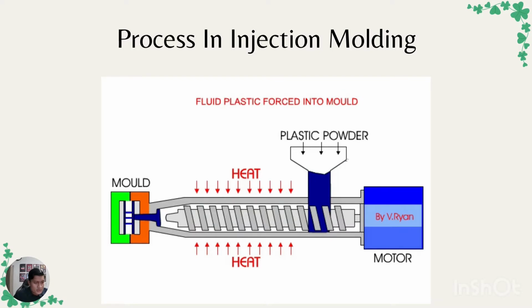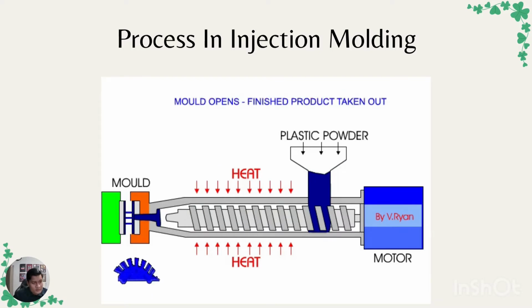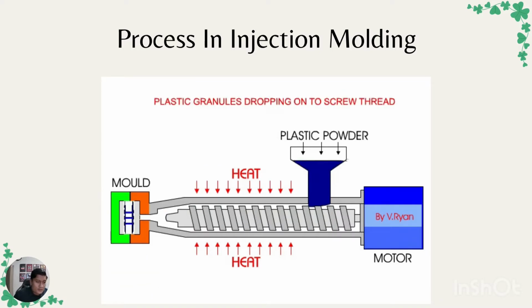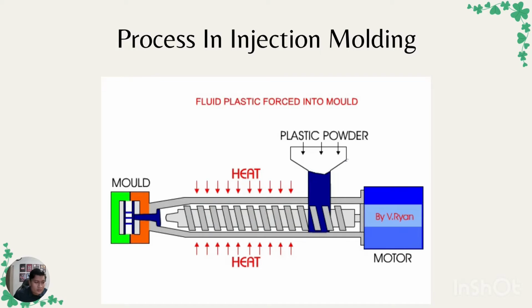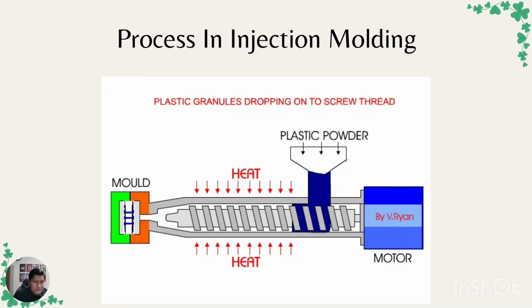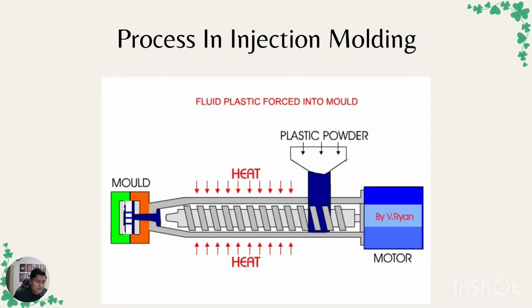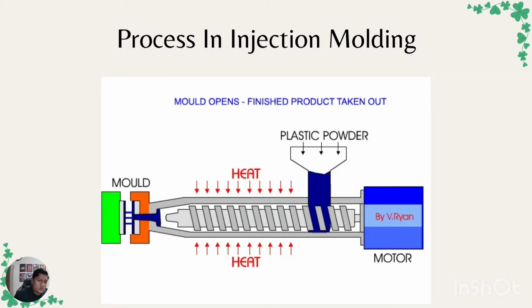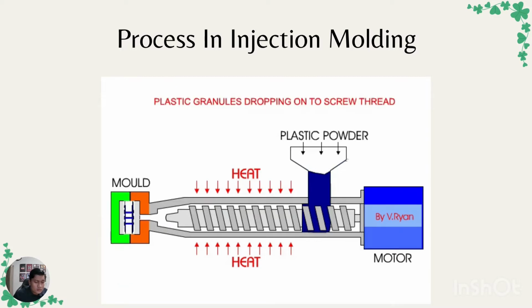This is the part of the machine that melts the polypropylene from granules into liquid form, and then it is injected into a mold of the shape that we wanted, and then it is left to cool, and a product is produced. The machine uses a motor to move the screw as a way of moving the material in the machine.